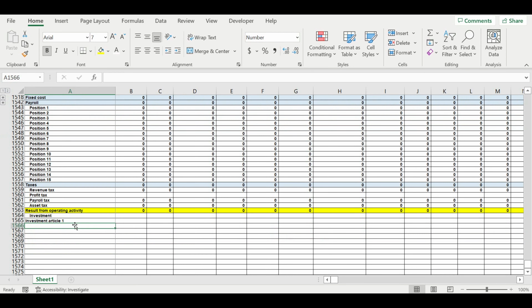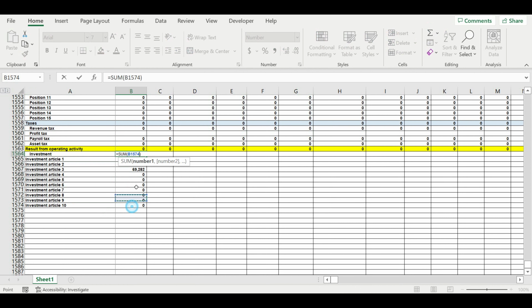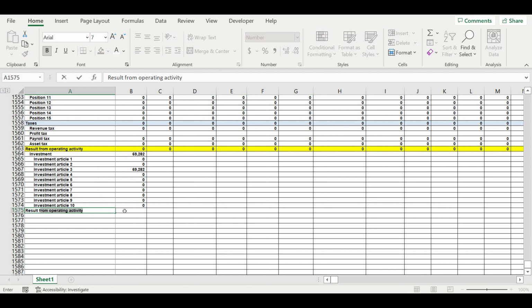So with investment articles, this will be the total for investment. This will be the result from investment activity.